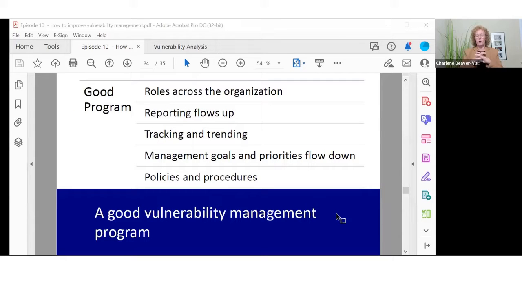So if you have a good program and you're moving up that level of maturity, you'll start to have some of these characteristics. You will have roles across the organization that are involved in the vulnerability management. You will have reporting that flows up, you're tracking and you're trending, and the management goals and priorities will start to flow down through policies and procedures.